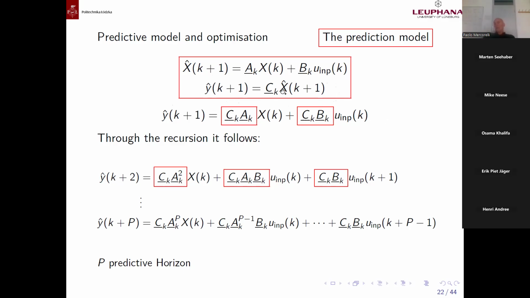We can see the matrices are C_k multiplied by A_k, and C_k multiplied by B_k, which is important to obtain the prediction, I mean the prediction of step 1 for the given output, for the desired output. Desired output means the output which I want to control.